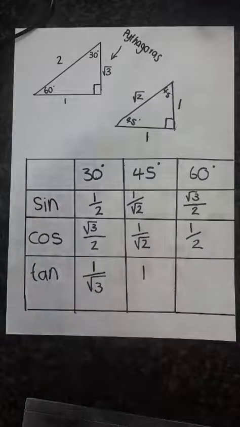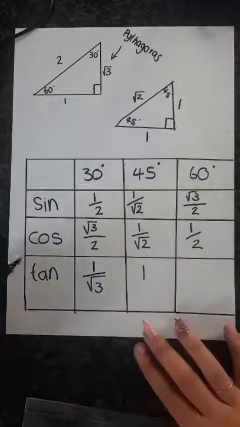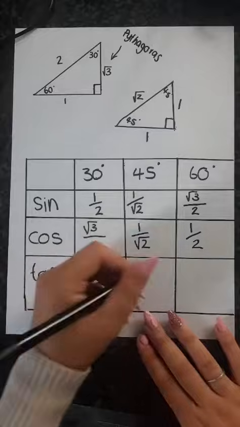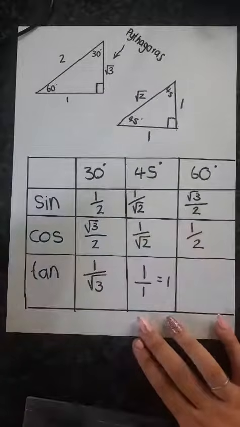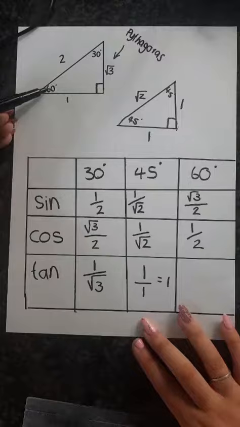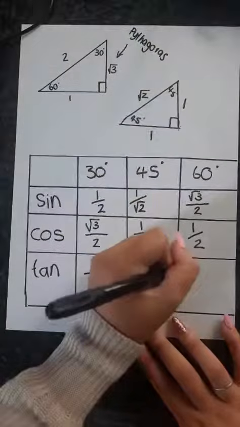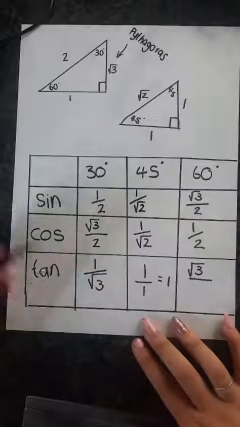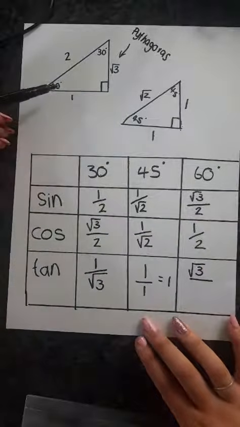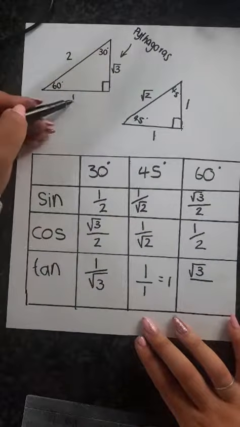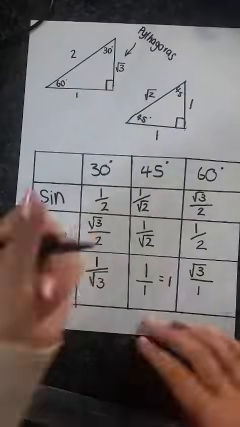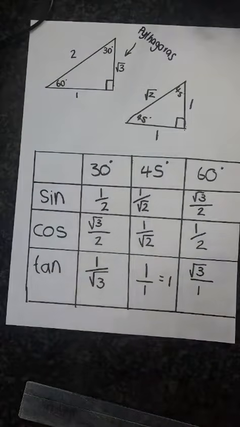So you can write 1 over 1, or you can write 1. Doesn't matter. Tan 60. Look at 60. Opposite is square root 3, over adjacent. Adjacent is 1, so it's square root 3 over 1, or just square root 3.